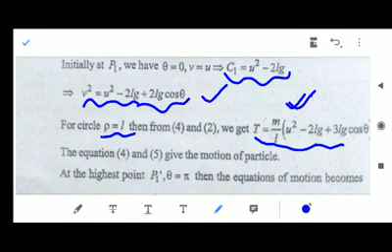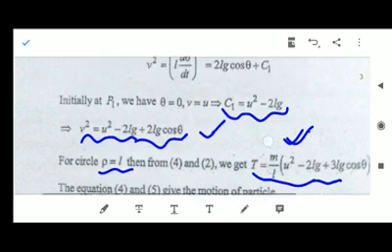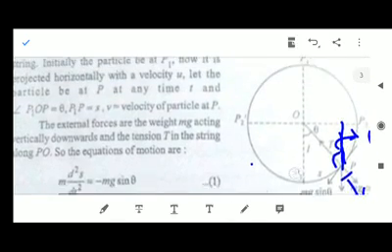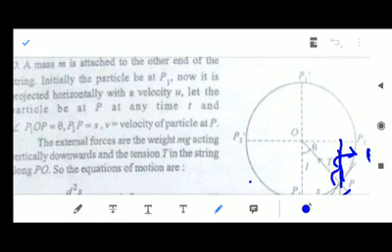Now at the highest point P1 dash, we have theta equal to pi. The particle started from the point P1 where we have taken theta equal to 0.